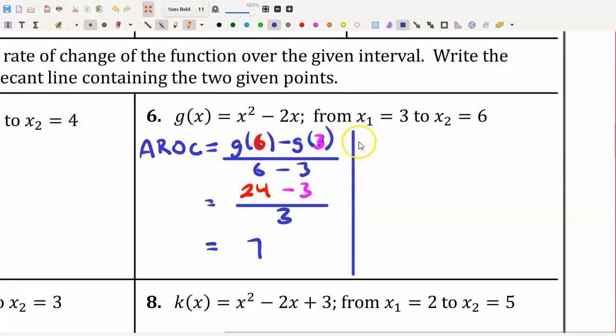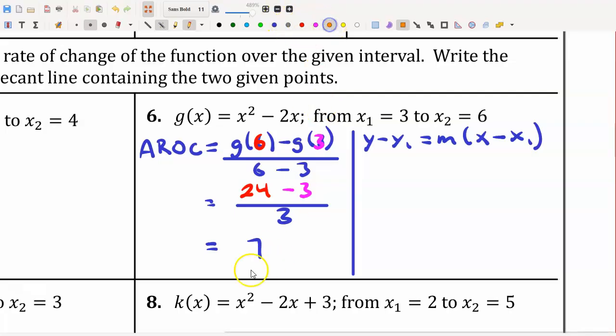So one of the problems on the summer review packet was practicing finding equations of lines as prerequisite number 1. So one way to do this is to use the point-slope formula. So if you have a slope, in this case an average rate of change, and any coordinate, then we can use this and just substitute values in.